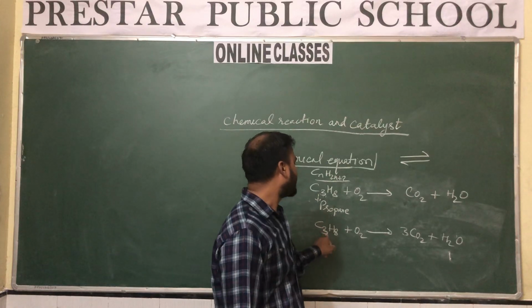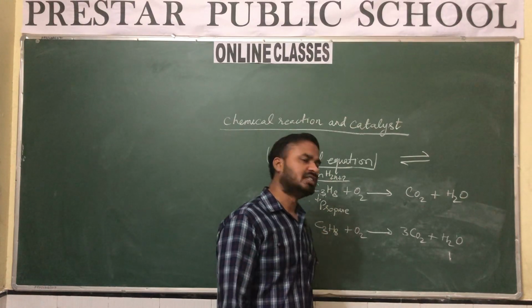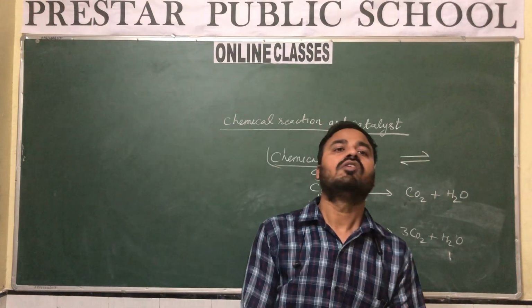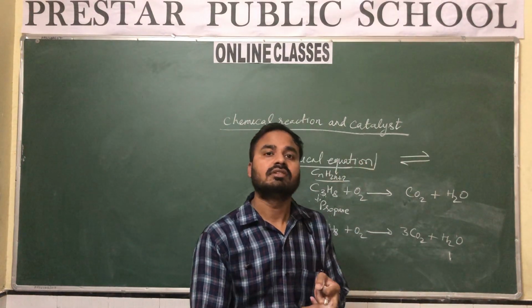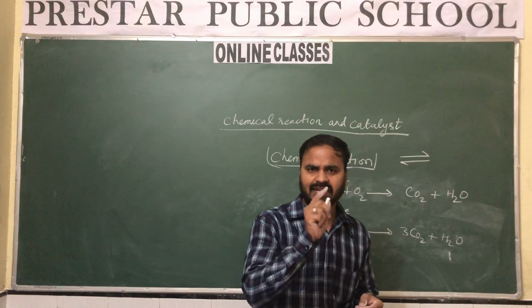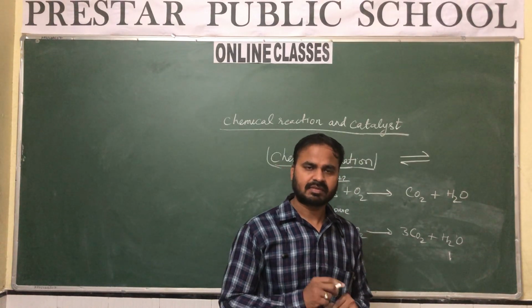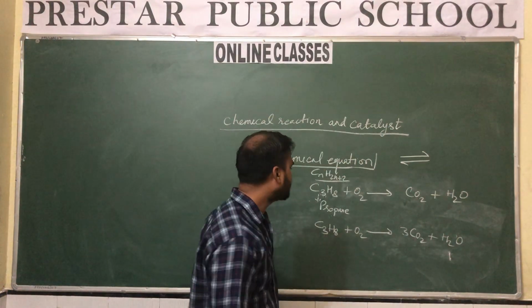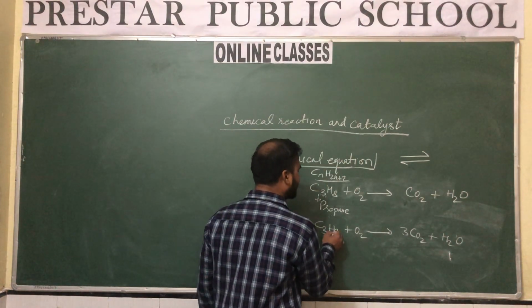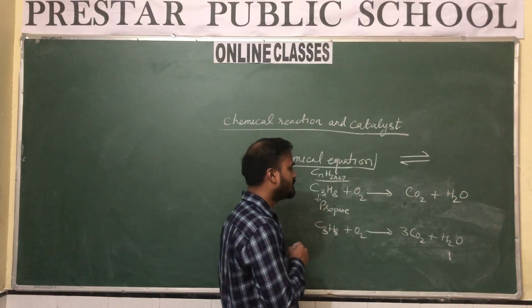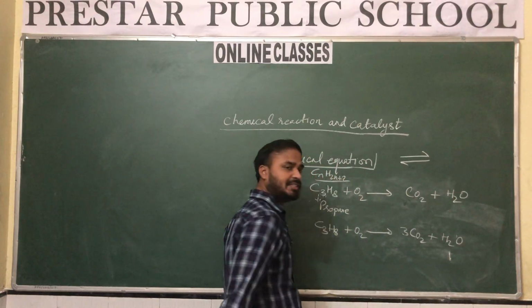Just see, beta, in that reaction carbon, hydrogen and oxygen are there. First you have balanced the carbon. Now in oxygen and hydrogen, first you will balance hydrogen atoms, at last oxygen. Remember, for example, here in H8, 8 atoms of hydrogen are there, and in the product only 2.